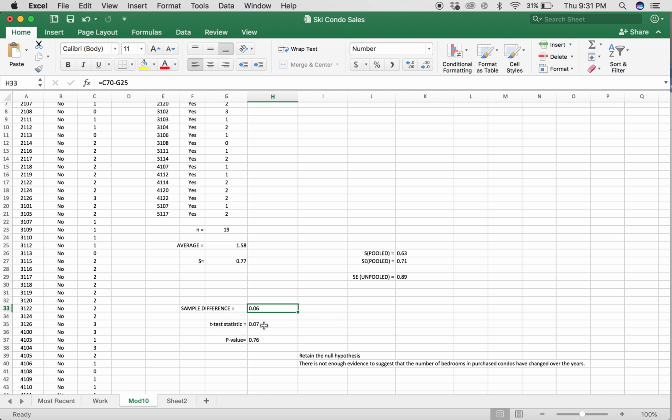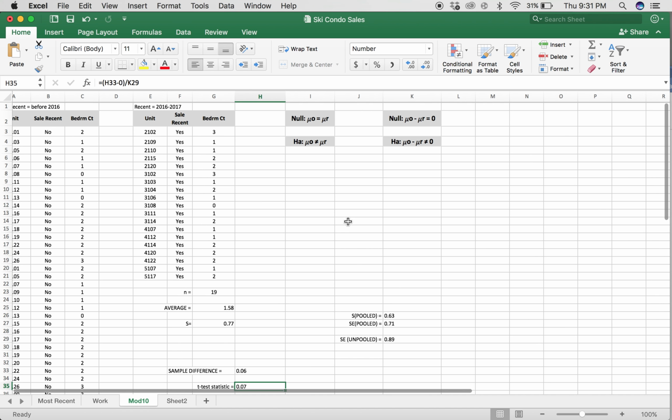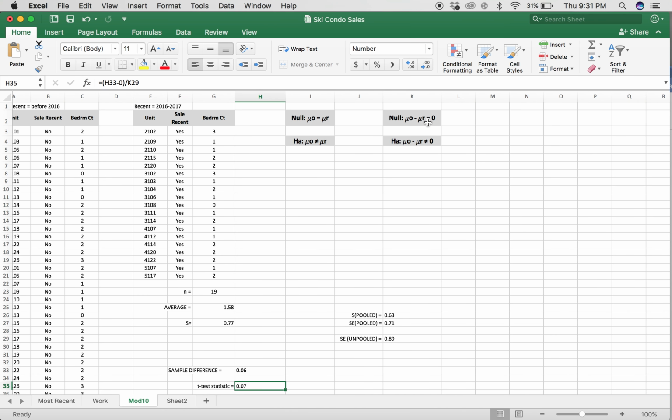Then we want to calculate our test statistic. We take the sample difference and subtract 0, because that's what we said our null hypothesis would be, that they were the same. In other words, the old mean minus the recent sold mean would be 0.